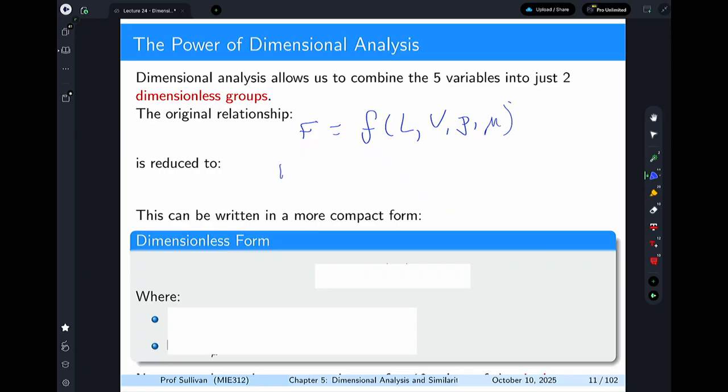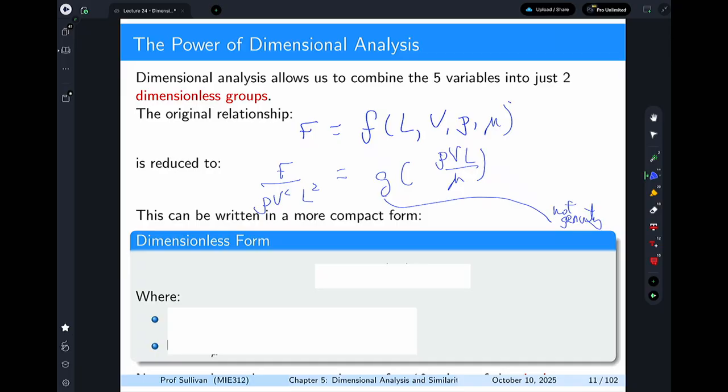And it will reduce to drag force over rho V squared L squared is equal to G, another function, this is not gravity, of rho V L over mu. So the left-hand term is the coefficient of drag, and the right-hand term is the Reynolds number.